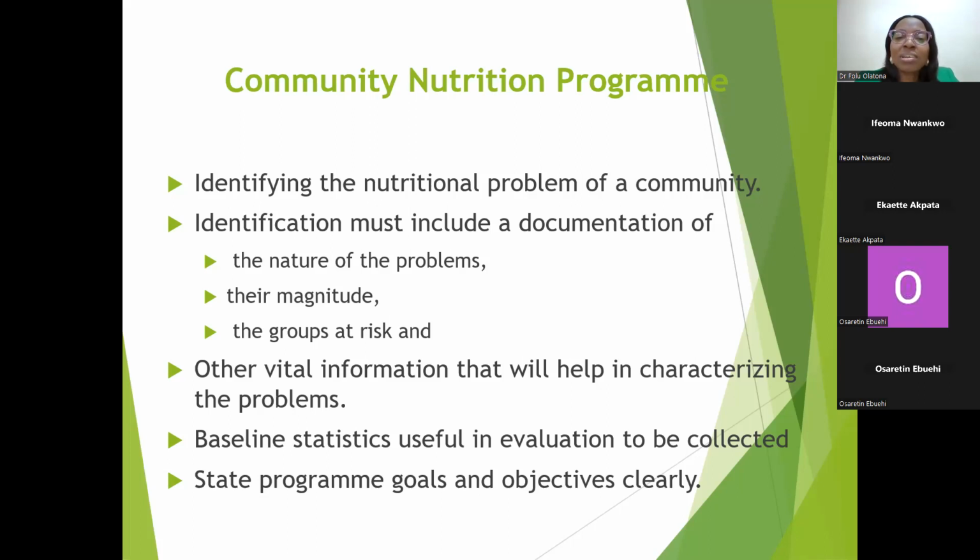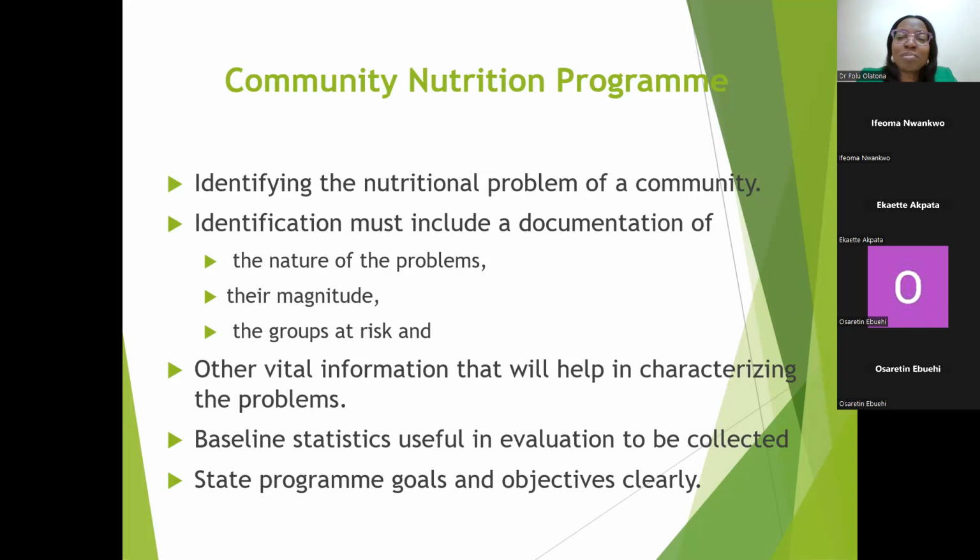And while you are doing the community mapping to know the whole community and the landmarks and important places, this will also give you some ideas about the people, and the process. You might pick up some things that will be important in your diagnosis of the problem of that community.